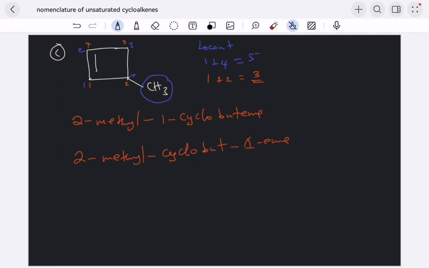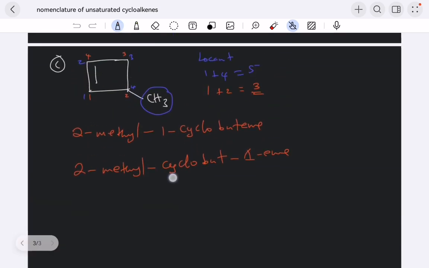There can be a different situation. This was C, let's look at D. Let's look at a situation where we have this, and then we have something like this.